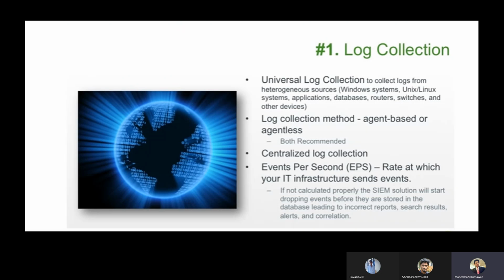Events per second, EPS, is the rate at which your IT infrastructure sends events. How often your data is refreshed and how often the data is sent to your centralized systems is what we configure in the SIEM solution.